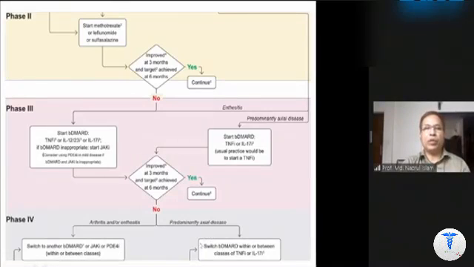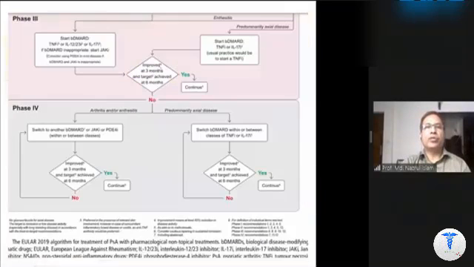Here also we have to switch to a biologic DMARD within or between the classes of TNF inhibitor and interleukin 17 inhibitor. Again, we have to observe this case for 3 months, and if the target is achieved at six months, we continue.